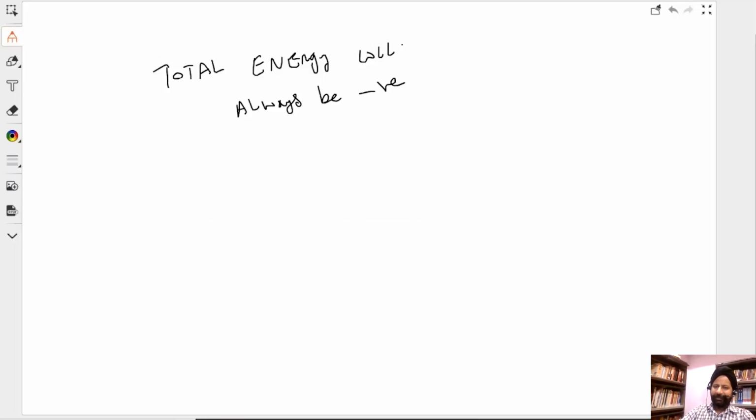80% students said that. Now, potential energy, right? Potential energy is going to be negative because it's an attractive force here. And that is going to be more. As we'll see in the coming slides, it's going to be double in magnitude to the kinetic energy. This is something you studied in your gravitation chapter also, by the way. So potential energy will be 2 times kinetic energy, but negative of it.